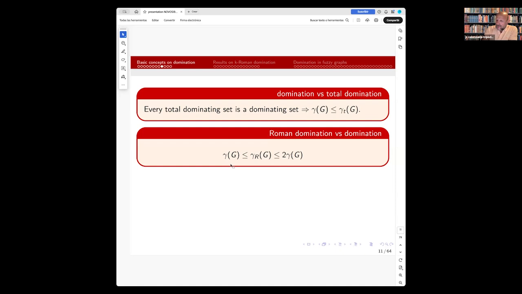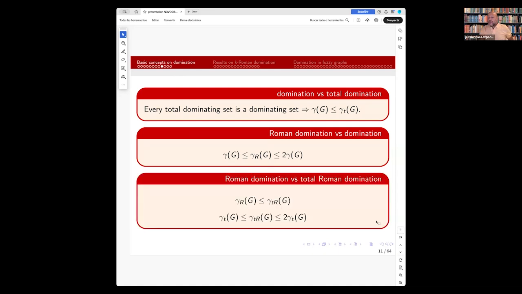The first inequality is obvious because the set of vertices with a positive label is a dominating set, and so we may derive this first inequality. To prove the second one, we only have to consider a minimum dominating set and assign it the label 2 to prove that this inequality holds.